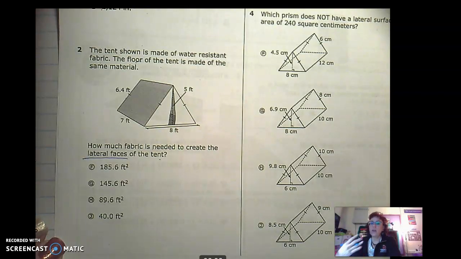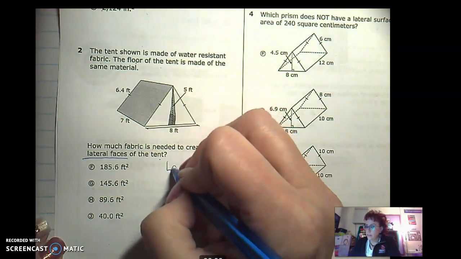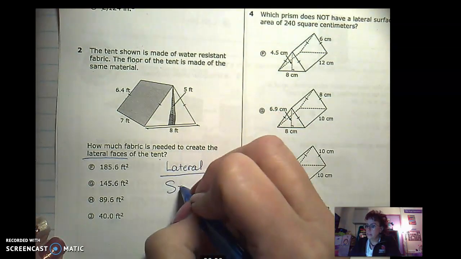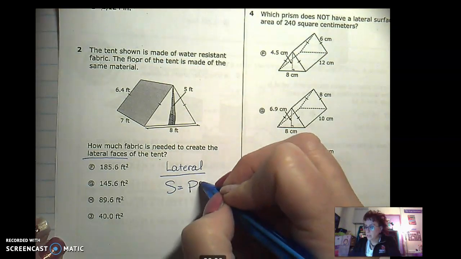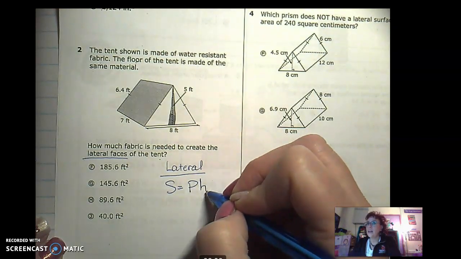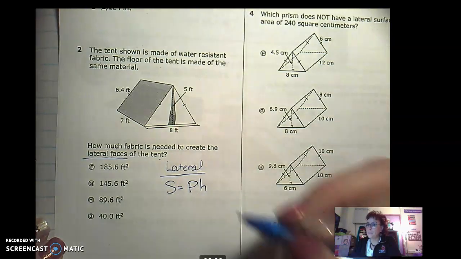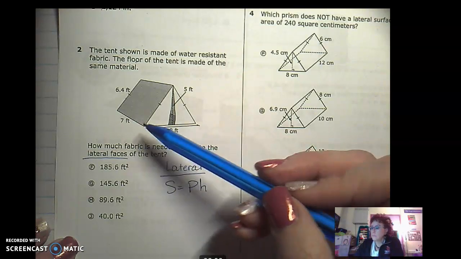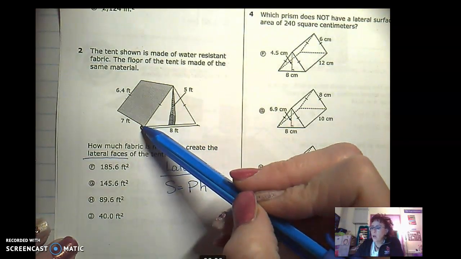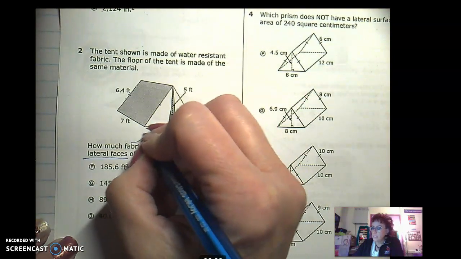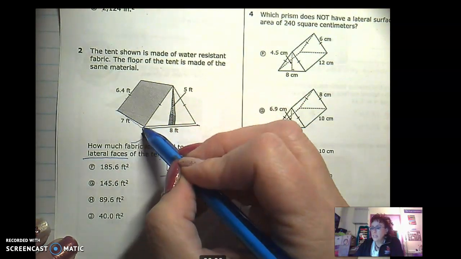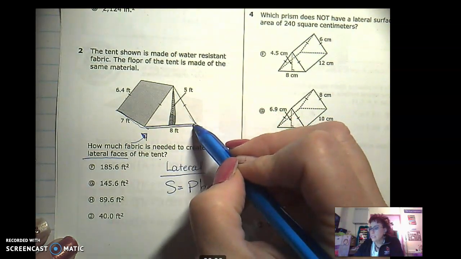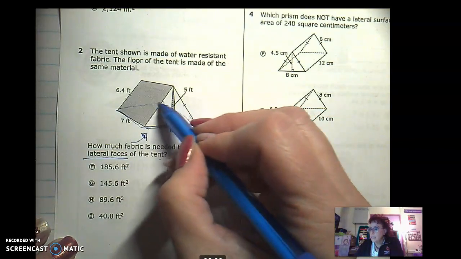So you then go back to that formula. We know we need the lateral surface area. And we know that S is equal to the perimeter of the base times the height, or better yet, the distance between the bases. So let's think about this. I think the student that I was talking to was trying to use the bottom of the tent as the base, and they were trying to use the perimeter, like they were trying to do 7 plus 8 plus 7 on the other side and plus 8.